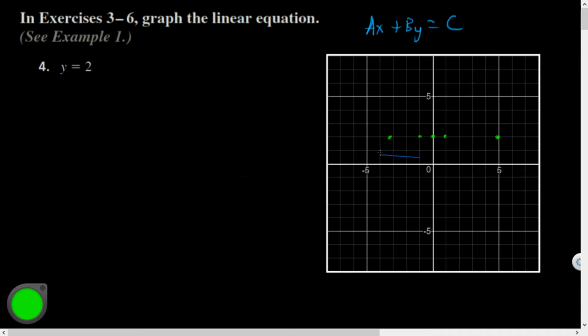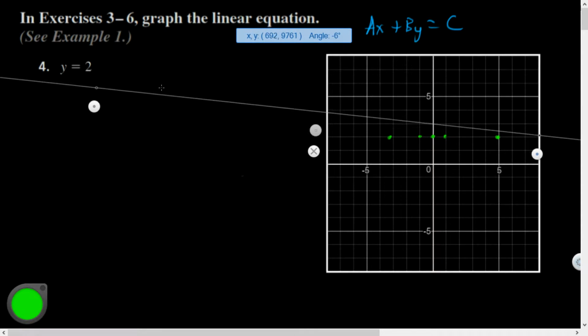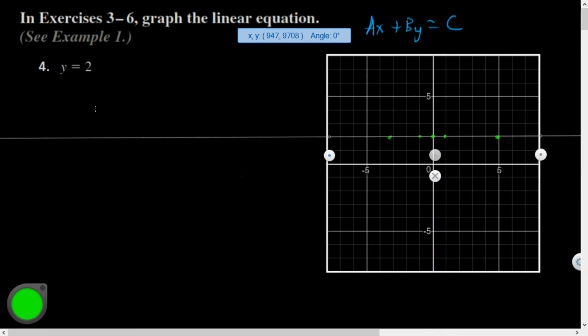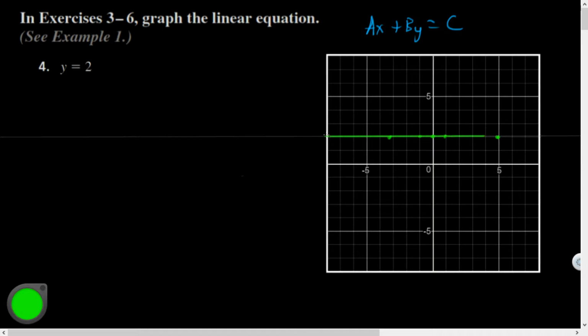And every point, when they combine, I would have infinitely many of them that would form a horizontal line. I would put little arrows at the end of this because this line does not end. It goes on forever, my friends. And this would be a horizontal line that passes through, notice, 2 on the y-axis. So that's the way you might think about this.